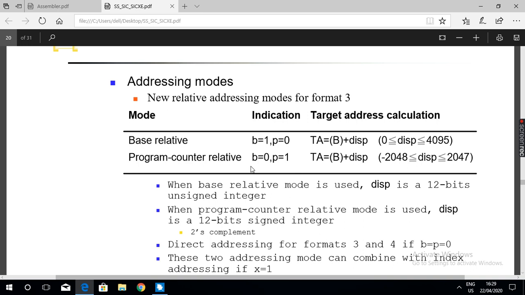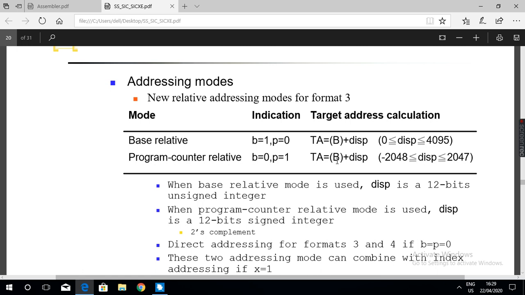In the case of program counter relative addressing mode, B is set to 0 and P is set to 1. The program counter contains the address of the next instruction to be executed, right?